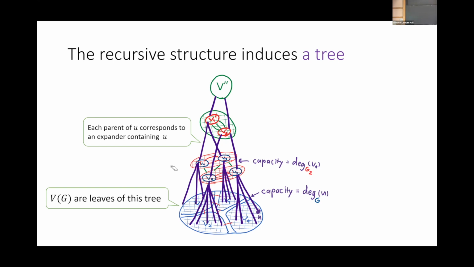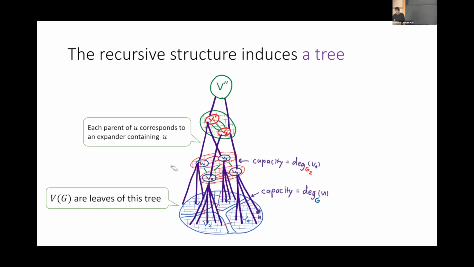It's just the degree of this node in G2, which is basically the number of cut edges crossing this expander. So that's a natural way to define the weight of a tree edge.